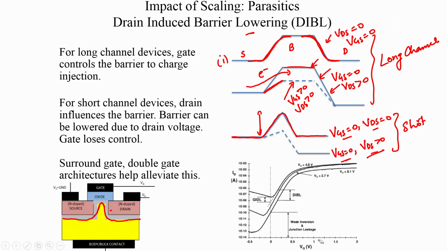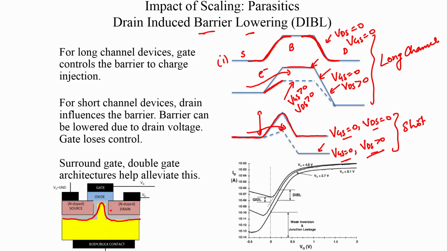The VDS itself controls the barrier height, and this is something called drain induced barrier lowering, where the drain to source voltage lowers the barrier for carrier injection, and you start seeing electrons get in even when VGS is 0. So this is, in some sense, a leakage mechanism.